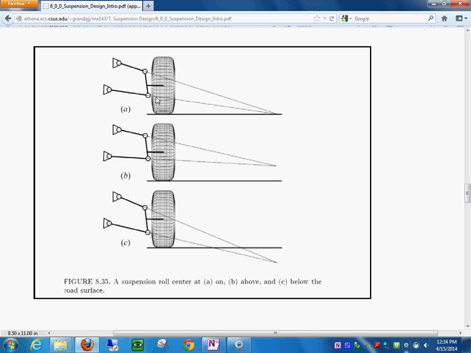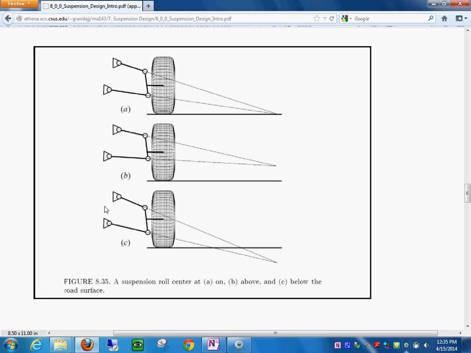As you can see, they don't look extremely different, but it depends on the lengths and the angles and where the axle is attached. Depending on that, you will see a change in the position of the roll center.